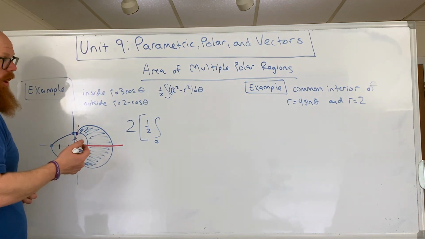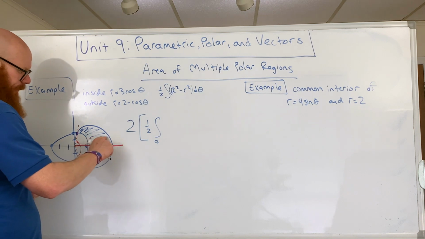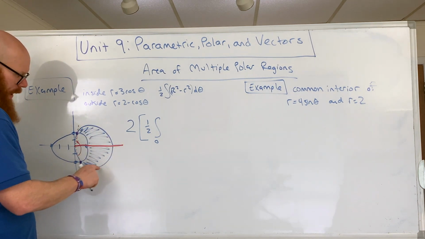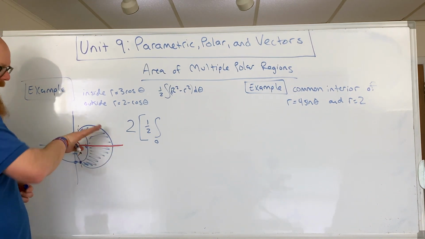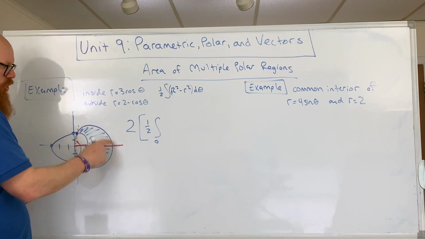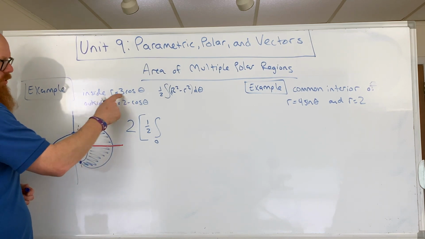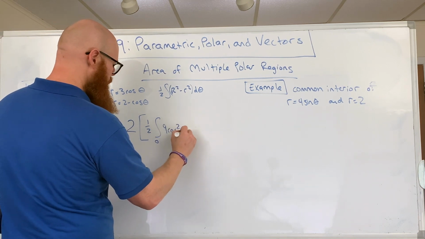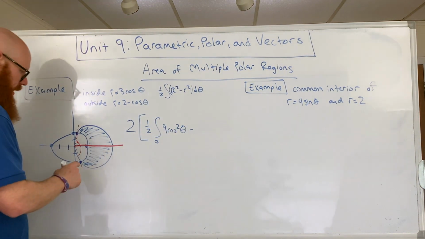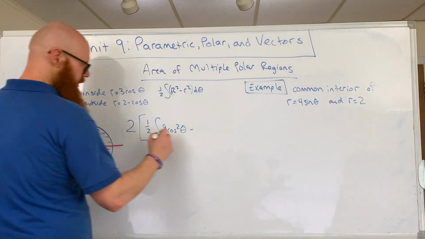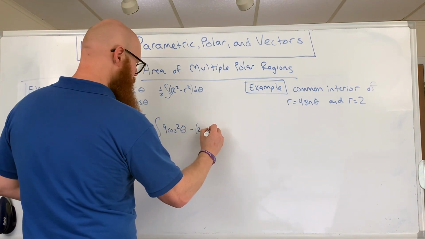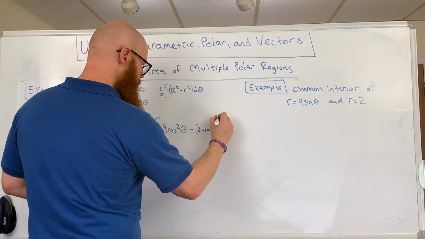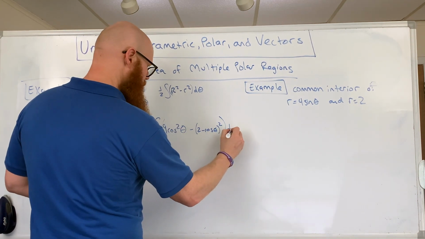Big R is the one that's further away. The whole time that we're sweeping out this area, the circle is the one further away, so I'm going to put that first. So that's going to be 9 cosine squared theta minus the limit, which is the inner one, 2 minus cosine theta squared d theta.